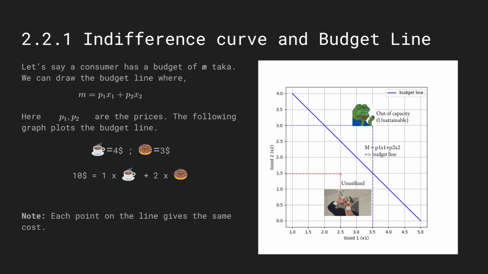And if the total consumption is above the budget line, that means you cannot afford it. Like you cannot afford 10 coffees and 10 donuts using your $10, because 10 coffees would cost $40. You just have $10. So when the point is above the budget line, this is out of your capacity.